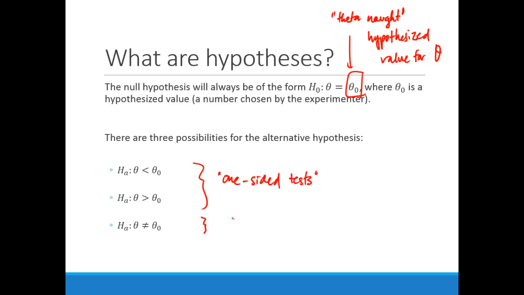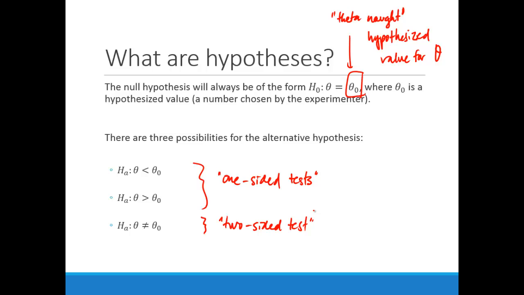And the last one, not equal to, is called a two-sided test. So our null is always going to be that the parameter is equal to something. The alternative will be whether I'm saying that parameter is less than that value, greater than, or not equal to.